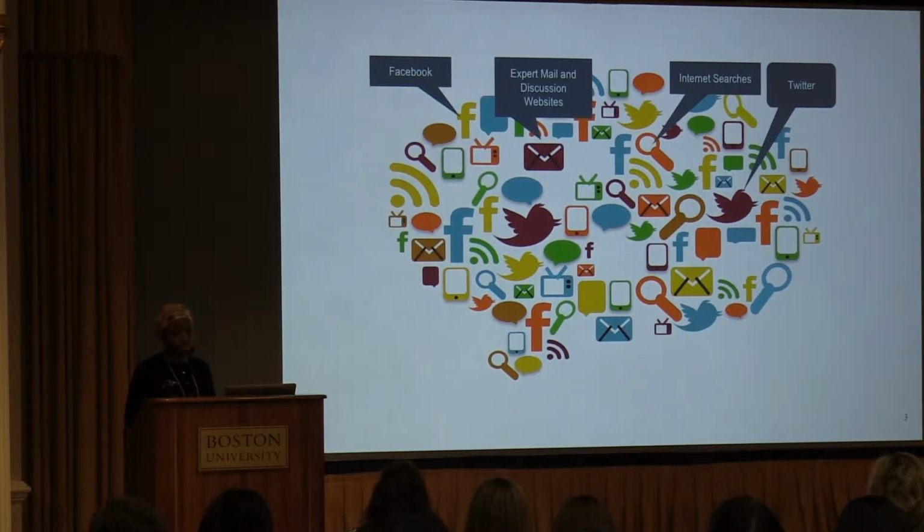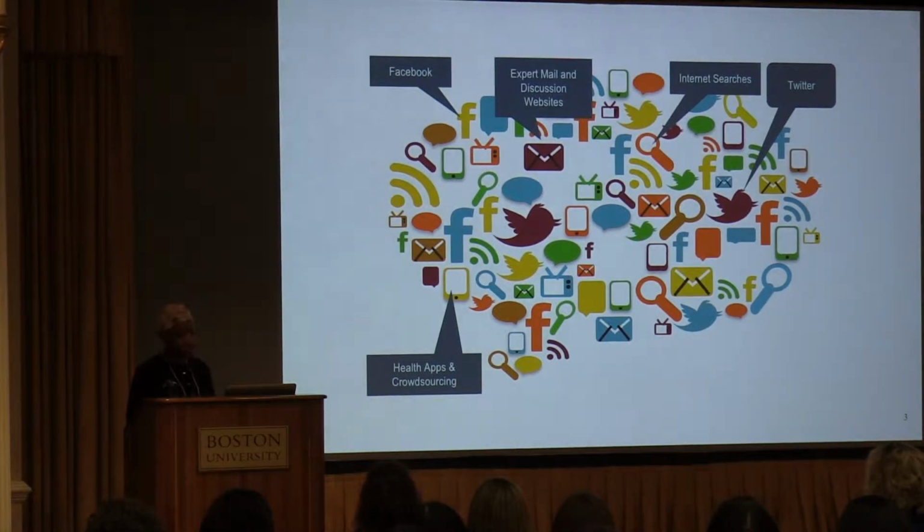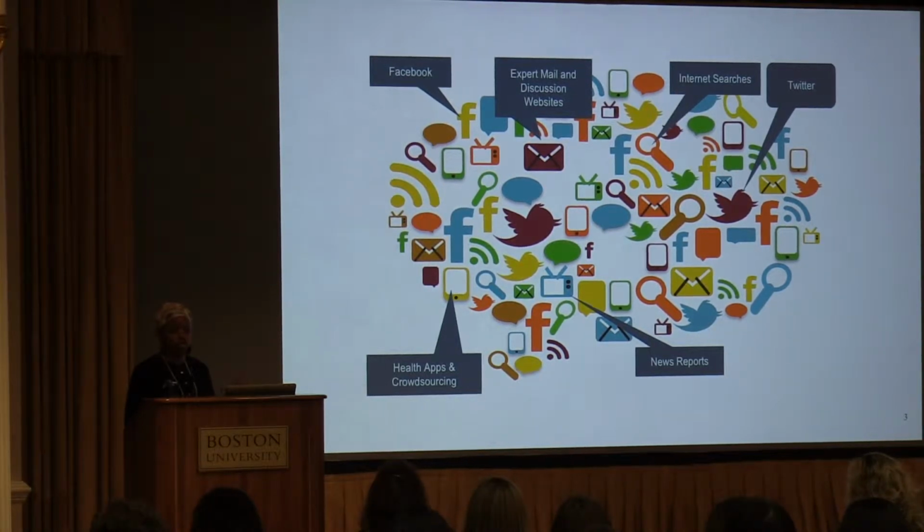We also get data from internet searches, from places like Google. We have data from health apps and crowdsourcing, news reports. There is a surveillance website called HealthMap that basically mines information about outbreaks globally and puts that on a map, so you can go on that website and see what outbreaks are actually happening in your neighborhood. And then we also get short messaging information, etc.